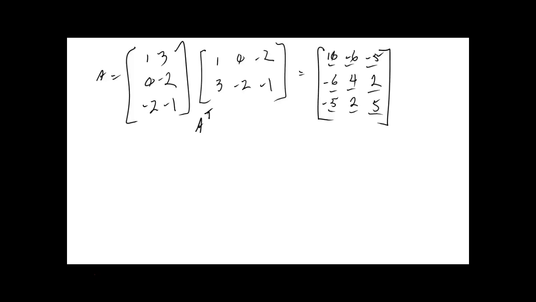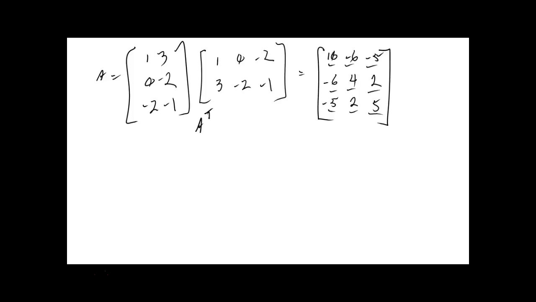Now, the property demonstrated in example 10 is true in general. That is, for a matrix A, the matrix A times A transpose is always symmetric, and the matrix A transpose A is also symmetric. But are they going to be the same matrices?